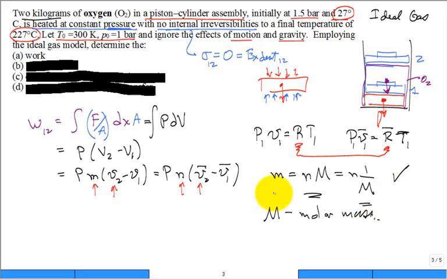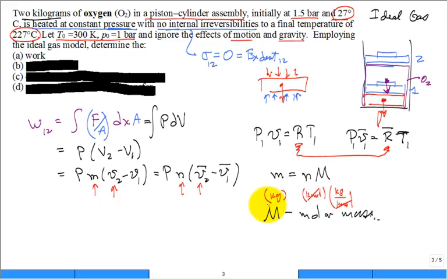If I wanted to get the mass and I knew the number of moles, which way do I go? Do I multiply by M or do I divide by M? So that's the correct representation. If you just chase the units, you'll have kilomole, and then the molar mass would be how many kilograms per kilomole, and then they cancel, and you're going to be left with the units of kilogram over here.